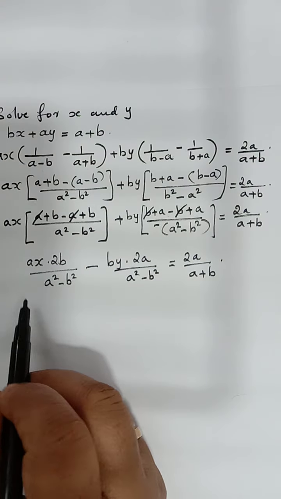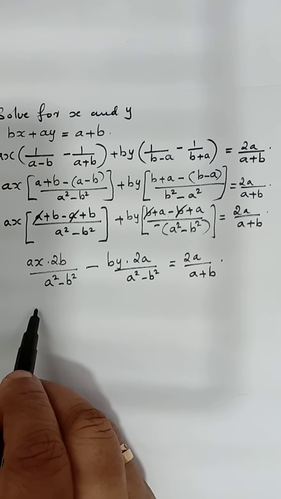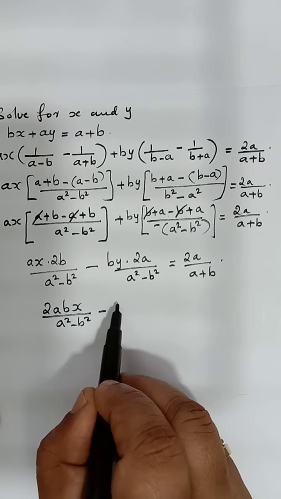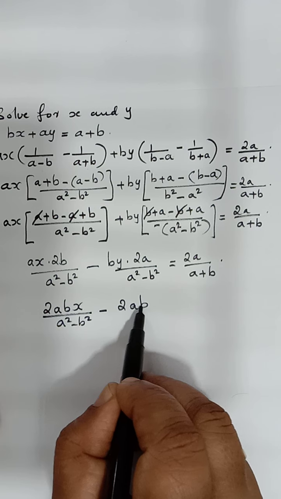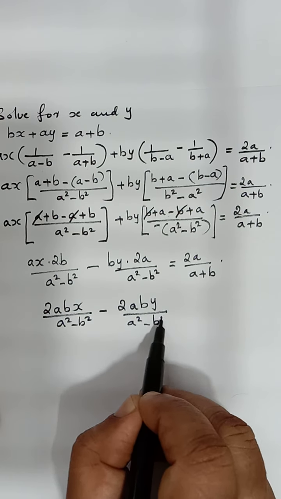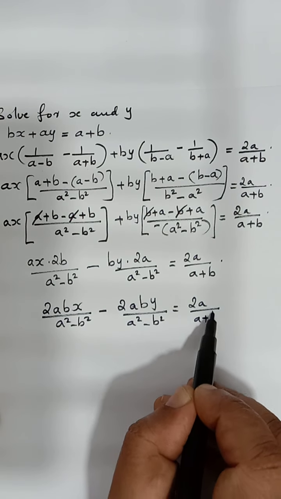How do we do that? 2 into a into b into x. We will write in order: 2abx by a square minus b square minus 2aby divided by a square minus b square equal to 2a by a plus b.